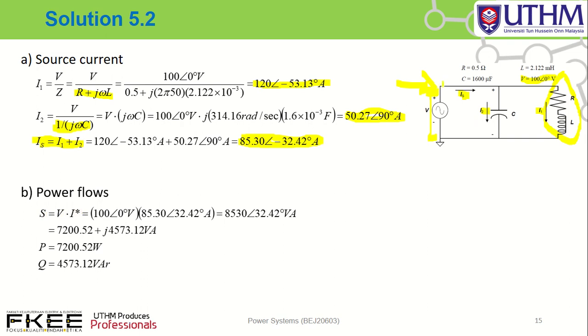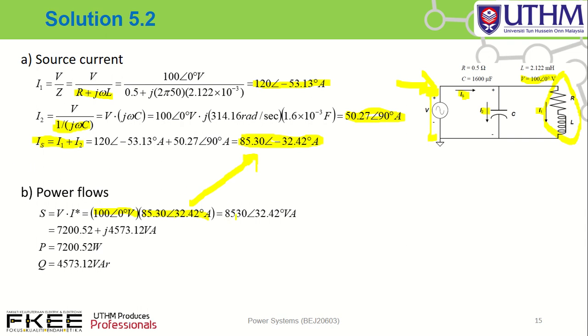What is the voltage across here? Voltage across here equal to 100 angle 0 times supply current conjugate, which is this one, and you need to put the conjugate. Minus 32.42 degrees becomes positive if we conjugate IS.